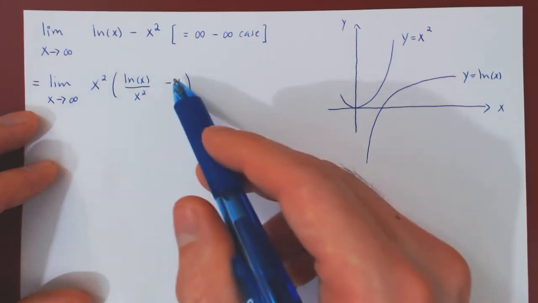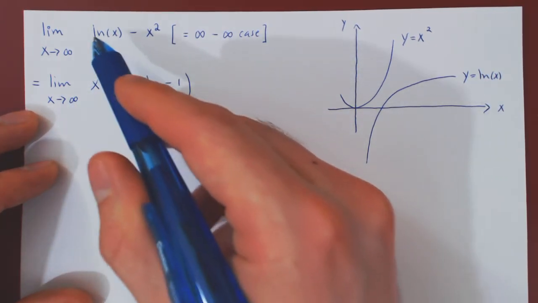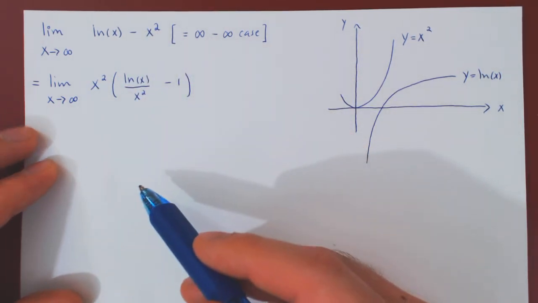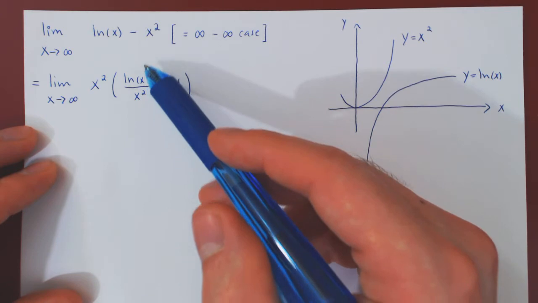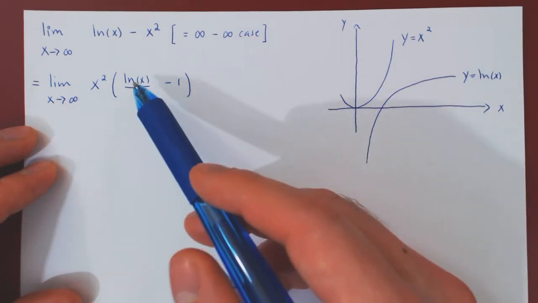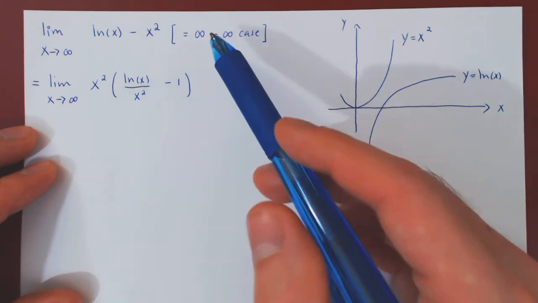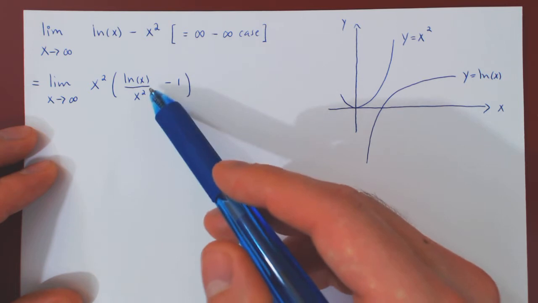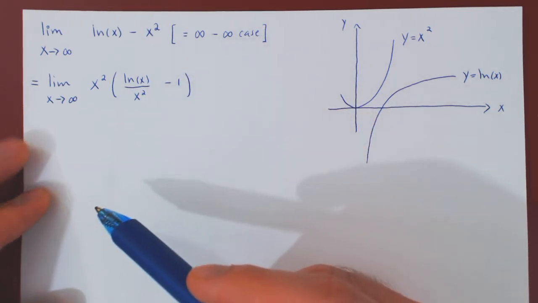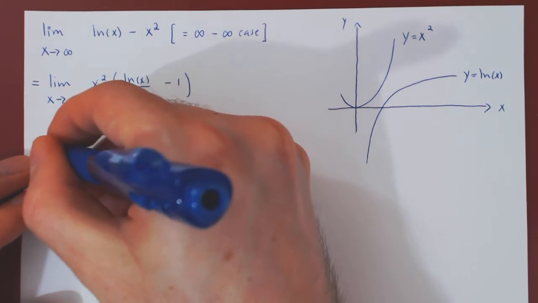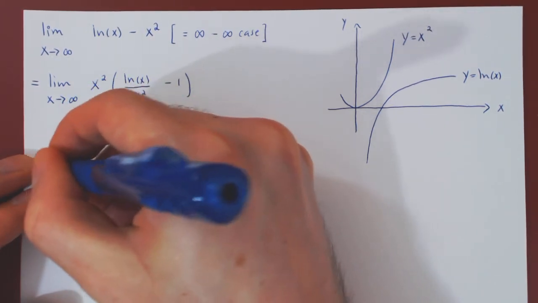If you want to check, multiply through by x squared, these cancel, you retrieve ln of x, and x squared times negative 1, negative x squared. What's interesting now, if we focus on this quotient, then as x tends to infinity, ln of x tends to infinity, x squared tends to infinity, so this alone gives us an infinity over infinity case. So let's take this limit aside, and we'll be able to apply L'Hopital's rule.